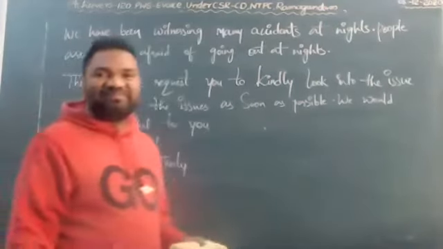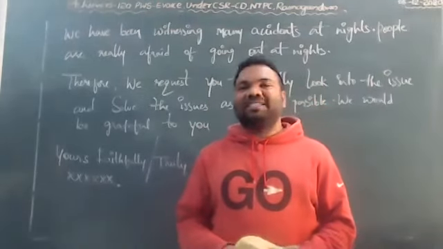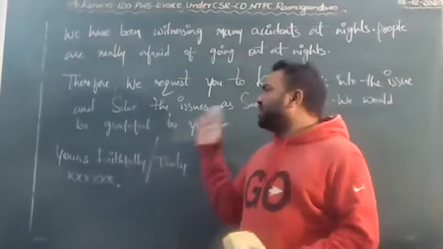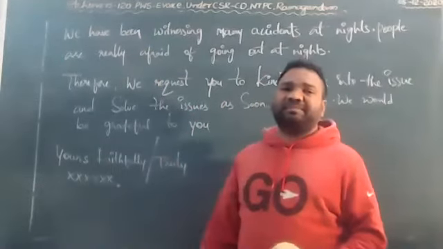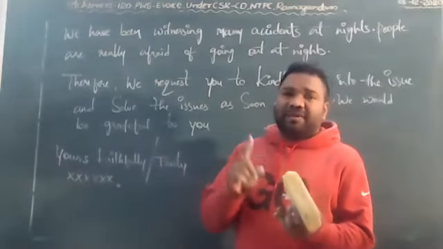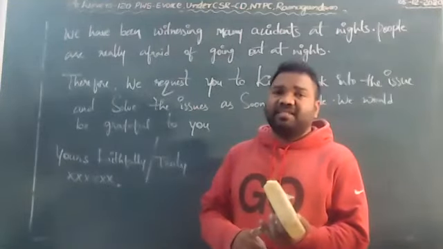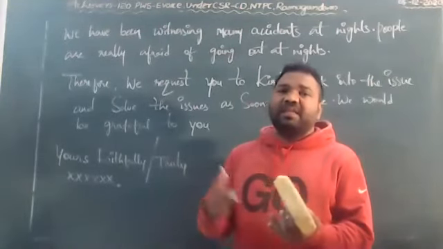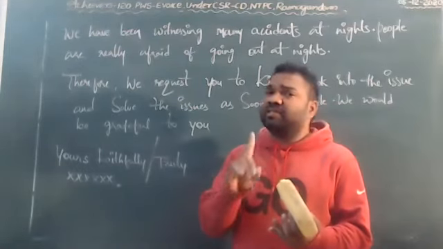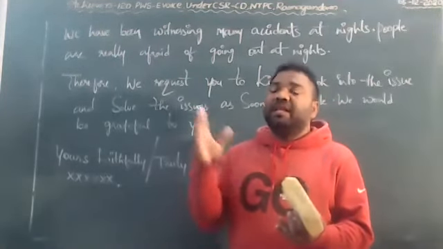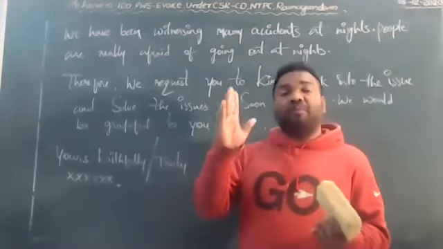All right, students, this is how we have to write an official letter, where everything has to be on the left hand side. Okay. First, the address of the sender, the date, to address, and then salutation. No dear sir or dear madam, only sir, which is formal. Next, subject. After subject, I have started the body of the letter.